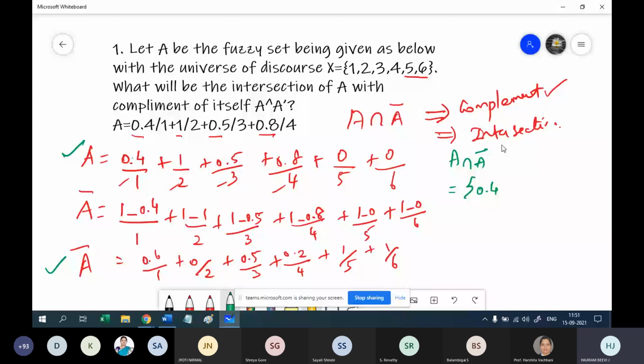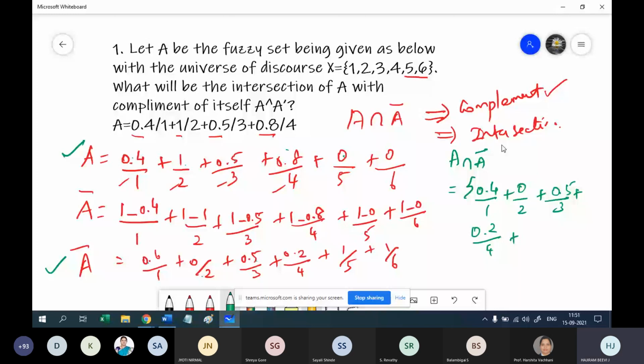Which one is minimum? It is 0 by 2. Then 0.5, 0.5 minimum is 0.5. Then 0.8, 0.2. So here minimum 0.2. Then 0 and 1, which is minimum 0 by 5. Here also 0 by 6.